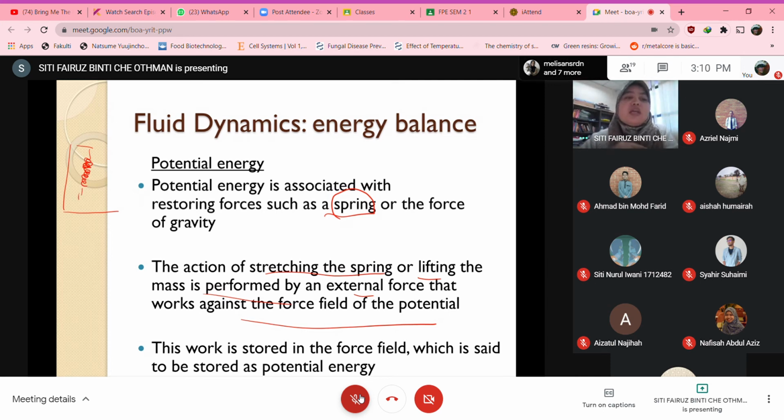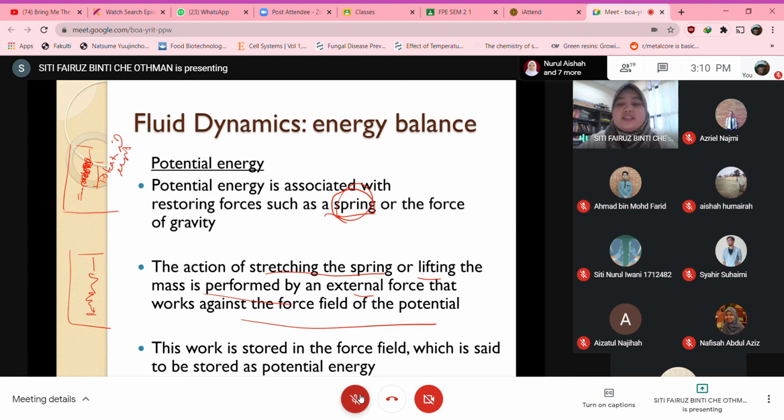So if it's not stretched, okay, there's no force to it. If the spring is macam duduk diam-diam tu, it's still in the form of potential energy. Okay, once you get some work done, you stretch this particular spring tu, tu dah jadi benda lain lah. I think dia dah jadi kinetic energy lah kalau ada movement lah. Alright, so potential energy tu contoh yang spring tu lah.